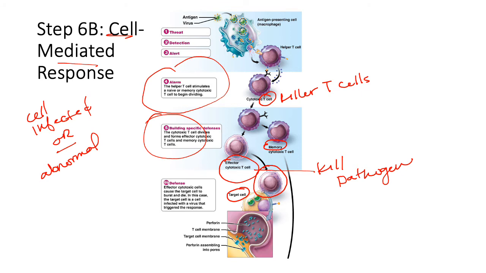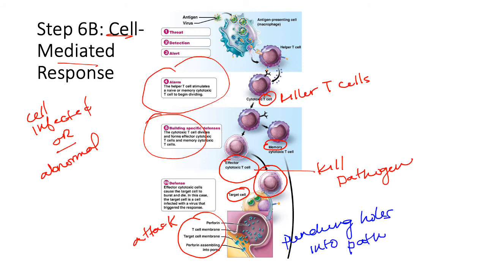And when it does that, it basically attacks this cell that's being shown here. This is kind of the attack phase. But basically what is happening here, in a simple sense, is essentially punching a bunch of holes into the pathogenic cell. And that causes death of the cell.